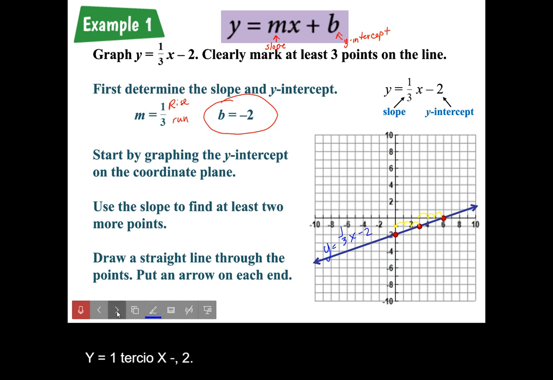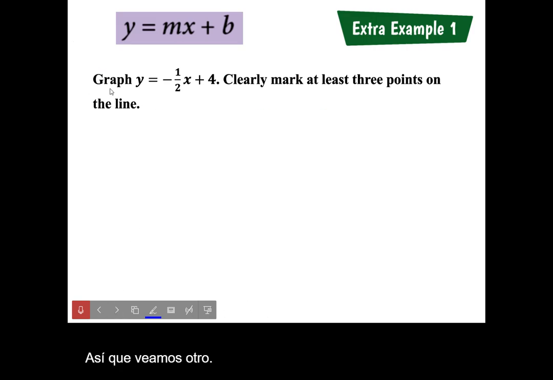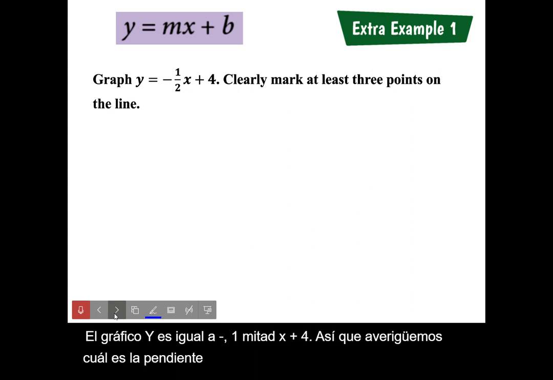So let's look at another one. Graph y equals -1/2 x plus 4. So let's figure out what the slope and the y-intercept are.